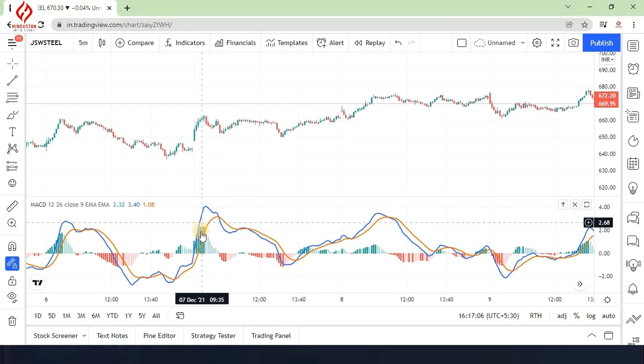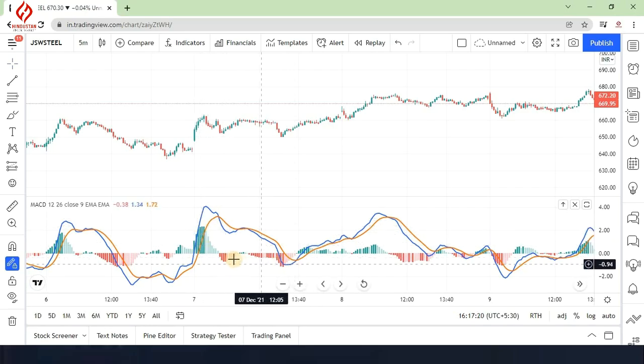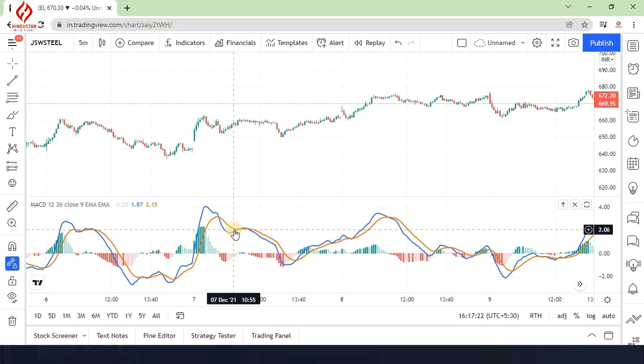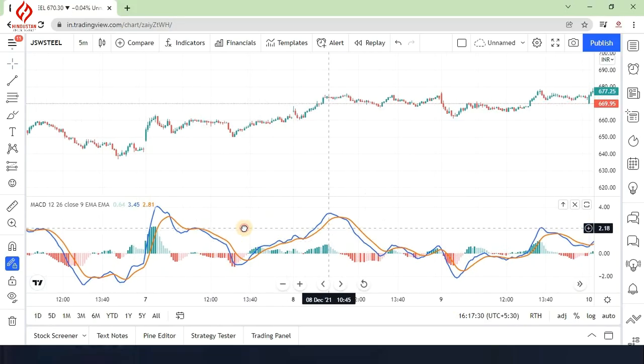Here you can see when these two lines are far from each other, then you can see big bars, right? Here there is a huge gap between these two lines, and you can see big bars. And when there is a very small gap between these two lines, then you see small bars, right?